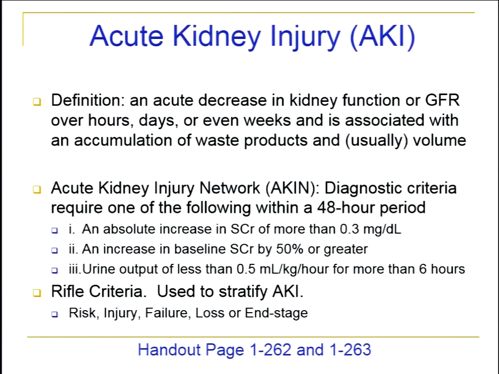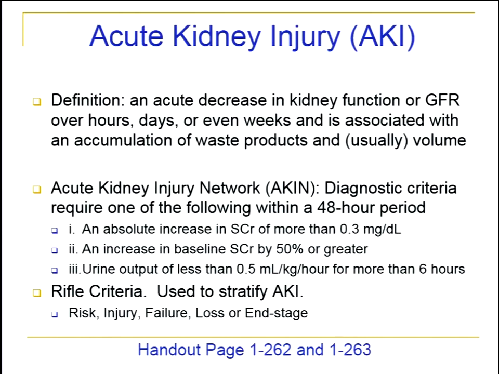The Acute Kidney Injury Network has 3 criteria that they use to classify somebody as having acute kidney injury. It can be as minimal as a 0.3 milligram per deciliter increase in serum creatinine, or an increase from baseline of more than 50%, or if you look at urine output, less than a half a mL per kilogram per hour for more than 6 hours.